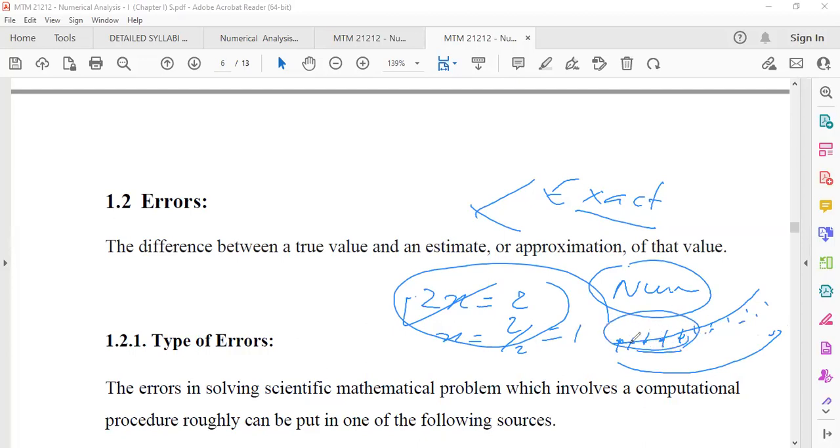If you are doing those divisions, we may encounter so many errors. So that's what we need to know: what errors are available, how to deal with the errors, and everything that we're going to study here.